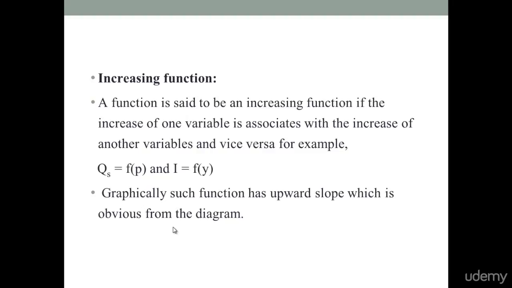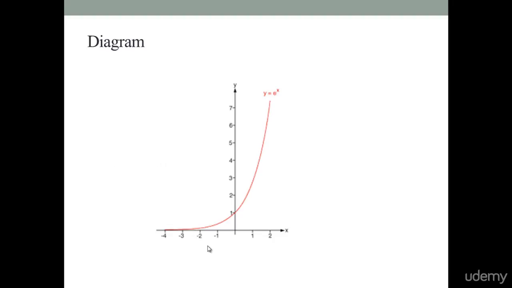For example, quantity supply is a function of price, income is a function of, and investment is a function of income. Graphically, such a function has an upward slope, which is obvious from this diagram. The upward slope shows an increasing function.